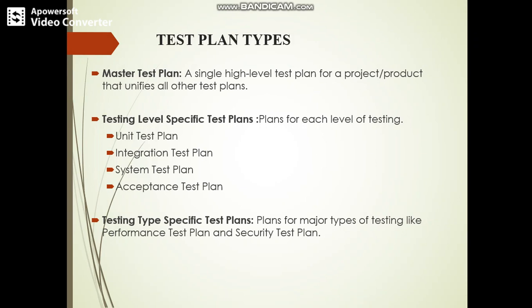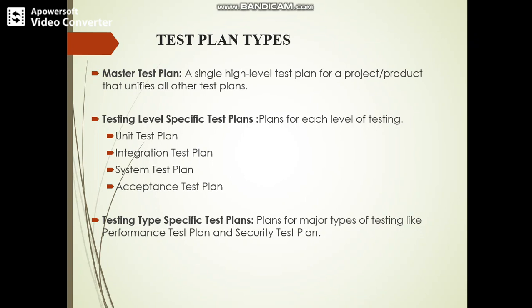The second is the testing level specific test plan. You have a test plan for each level: how to test the particular unit, what it contains, what you are going to test, and who is going to test. When a number of units are integrated together, which team member is responsible for testing that, and which modules are integrated.